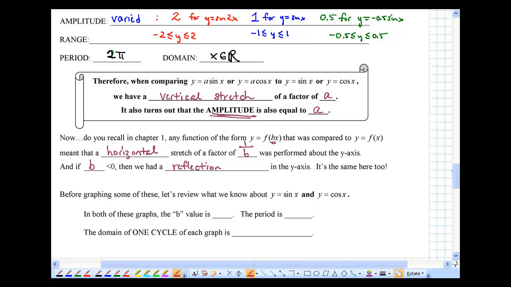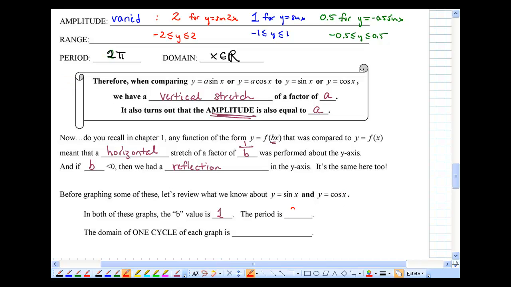Now, before graphing some of these, let's just quickly review what we know about sine and cos. In both of these graphs, the b value right now, because there's nothing in front of the x, would be equal to 1, right? It's like sine 1x, cosine 1x, okay? What's the period for both of these graphs? Yes, it's 2 pi.